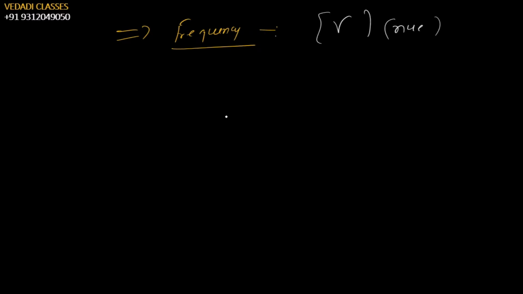Now the next term we have is frequency. So what is frequency? Frequency is indicated by nu. The per second vibration is known as frequency, that is, the vibration in 1 second.